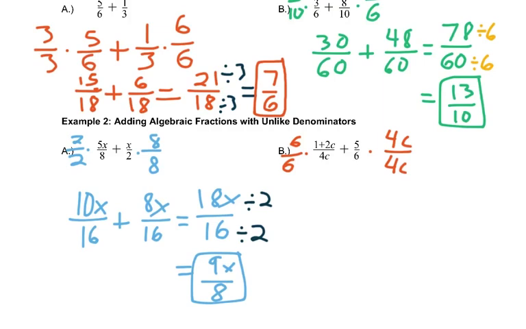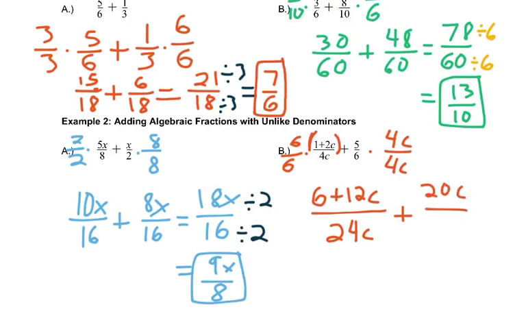And so then I get, not forgetting the distributive property here, 6 times 1 is 6, plus 6 times 2c, 12c, over 6 times 4c, 24c, plus 5 times 4c is 20c, over 6 times 4c is 24c. So the denominators match, including the variable c.